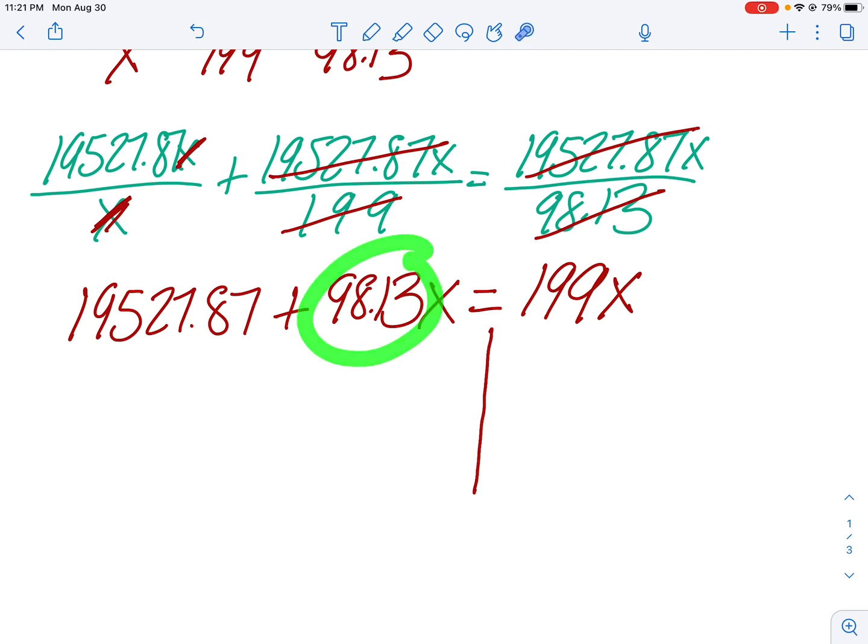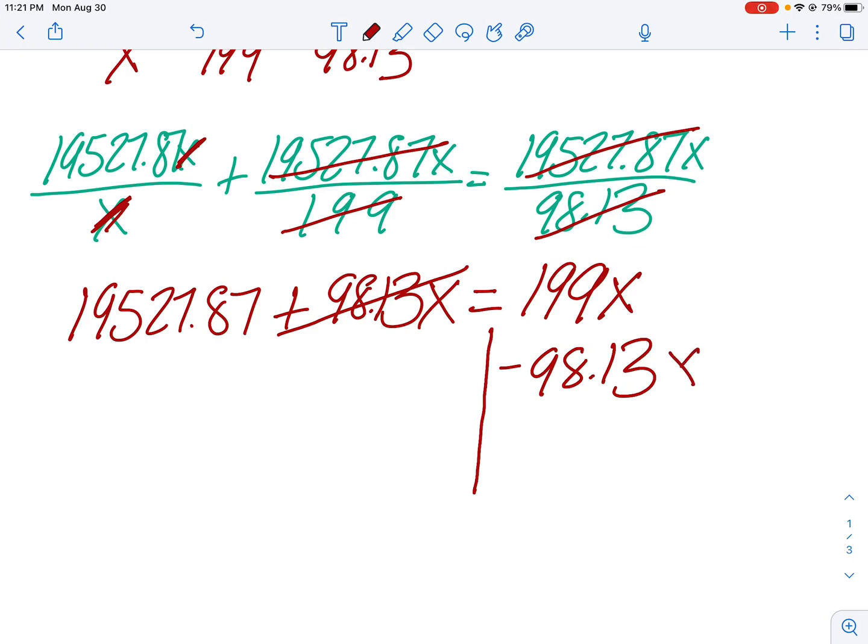This x needs to be with this x, so I'm going to move it over here, but when I move it over, it subtracts. So minus 98.13x. I have 19527.87 here on the left.